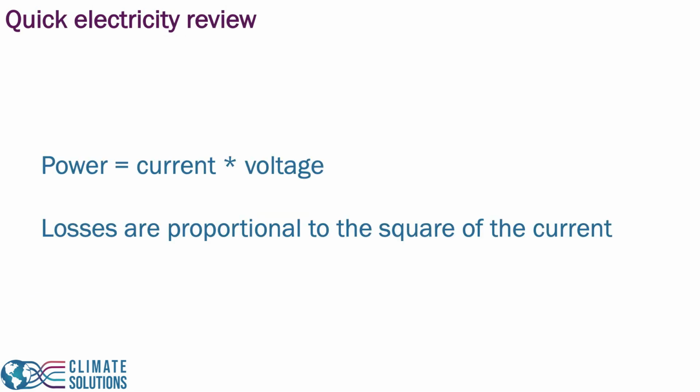Power is the product of current times voltage. So for the same power, if I transmit it at high voltage, I have low currents. If currents are low, as the current flows through the transmission network, we will realize that the losses are smaller, because you can think of these transmission lines as being resistive elements.